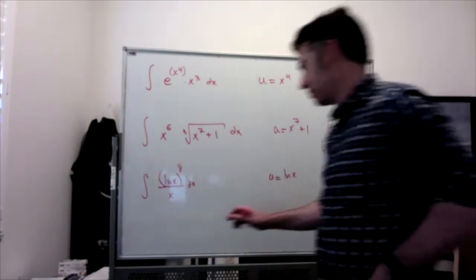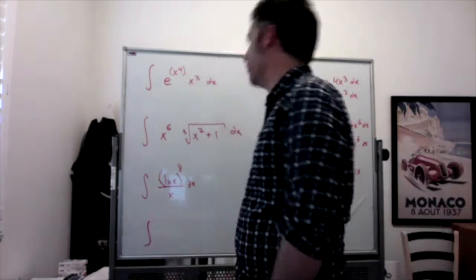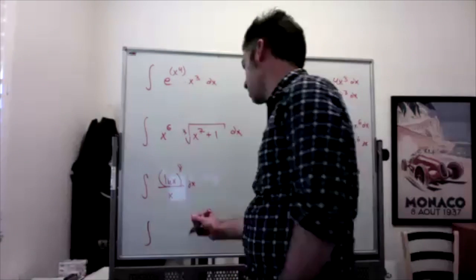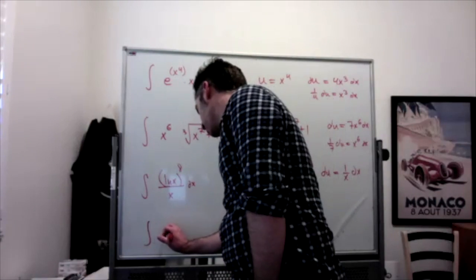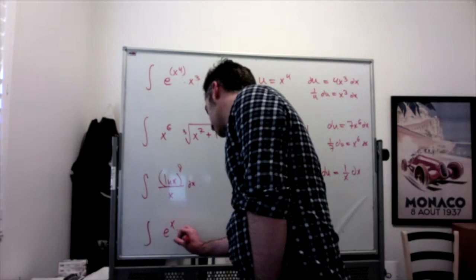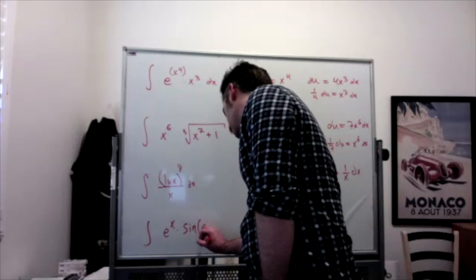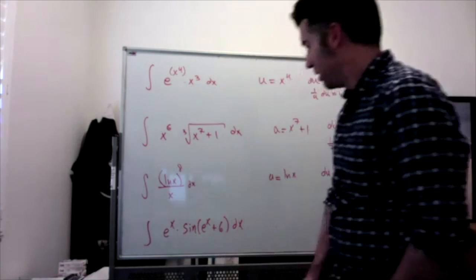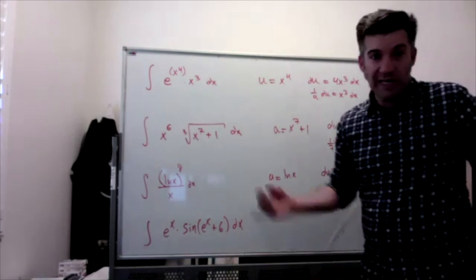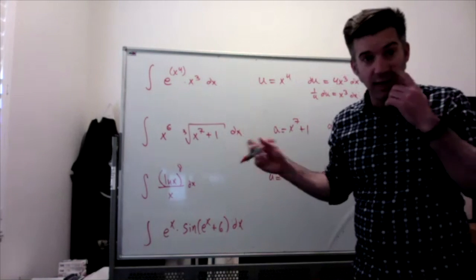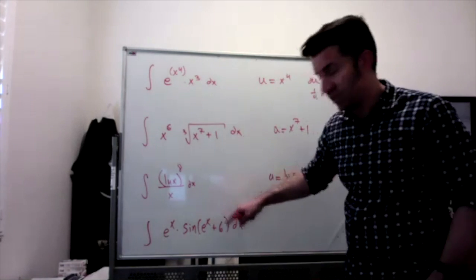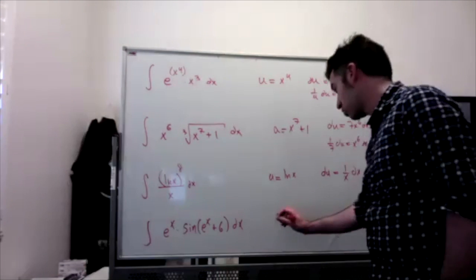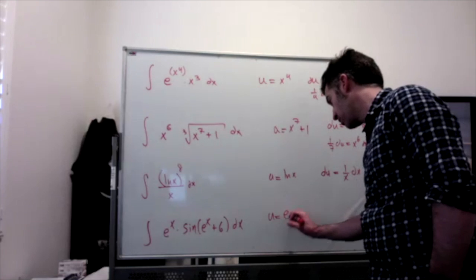Oh, let me give you one more example. Let's say we have the integral of e to the x times sine of e to the x plus 6. It looks a little tricky, but I notice the e to the x plus 6 is stuck inside the sine function. So that's a good guess for my u.